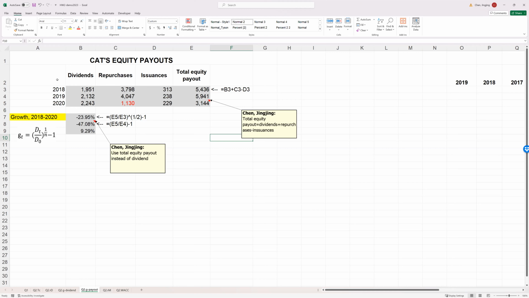I will also find the data before 2018, looking at 2017, 16, 15, and even more. Basically, I want to gauge a normal, regular equity payout growth for Caterpillar, a growth that they are able to sustain in the past years without any significant shock in the macroeconomy.